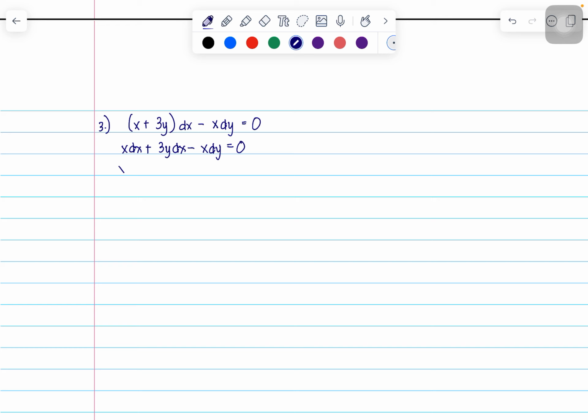So let's move the third term to the other side. That's x dy. And then multiply the whole equation by 1 over dx. We'll have x plus 3y is equal to x dy over dx.